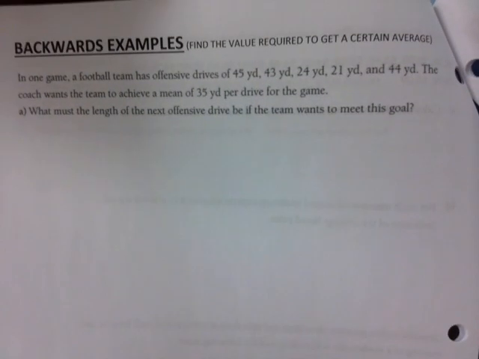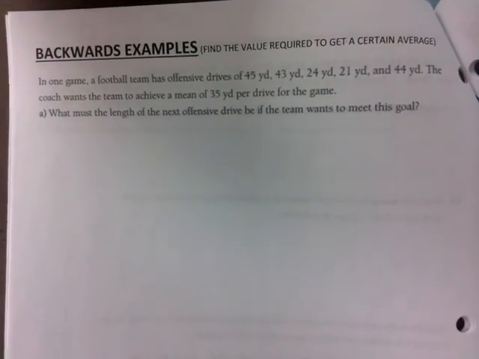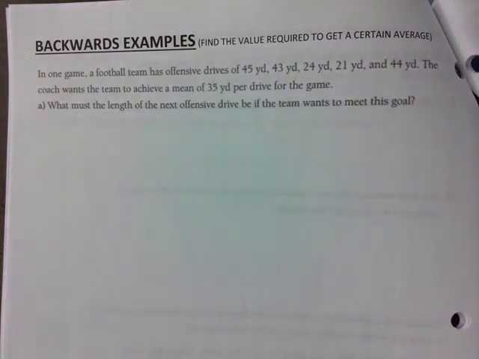Page 23. Can you go to page 23? Go to page 23 real quick here. A lot of you are going to be using this when it's exam time or end of year time. You're like, what do I need to get on the exam to get a certain average? Okay. Guys, make sure you go to 23 now. Okay, it's important.